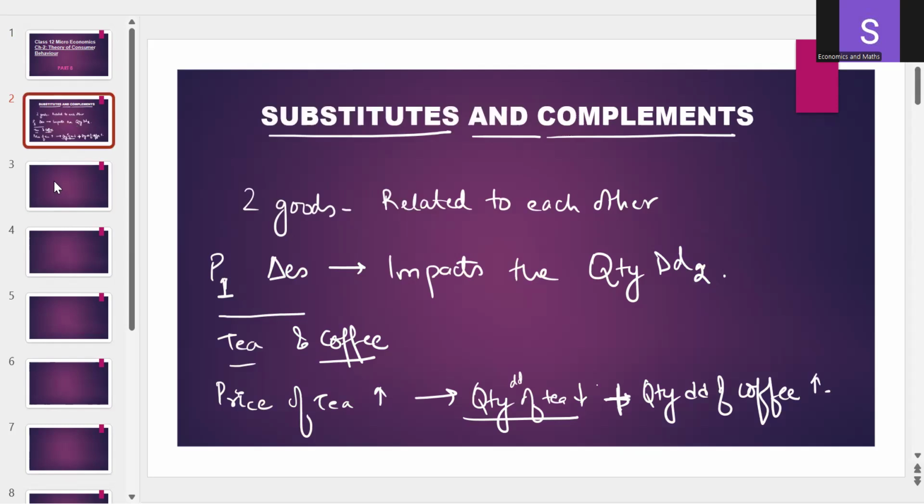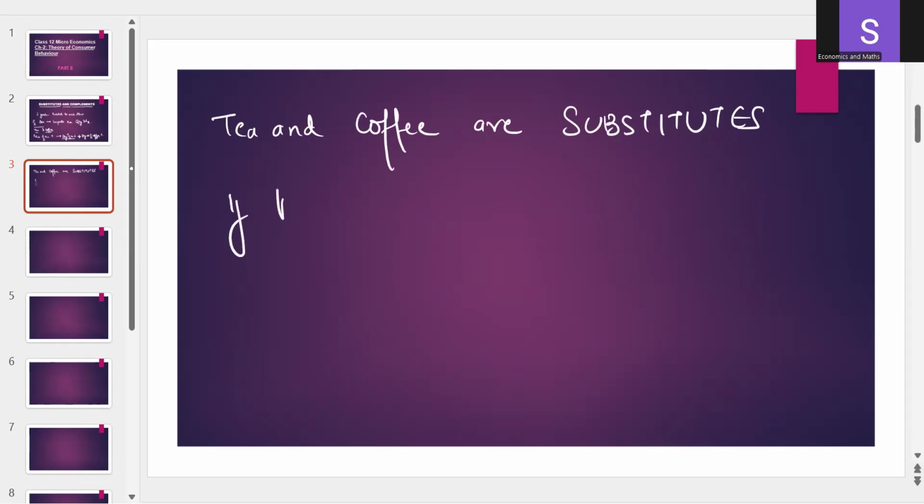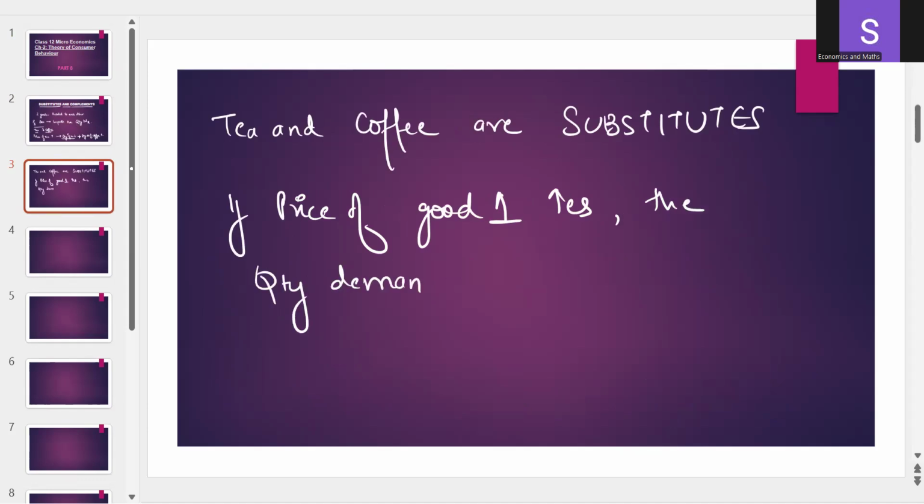So in this case, we see that tea and coffee are substitutes. In the case of substitutes, if the price of good one increases, the quantity demanded of good two decreases.